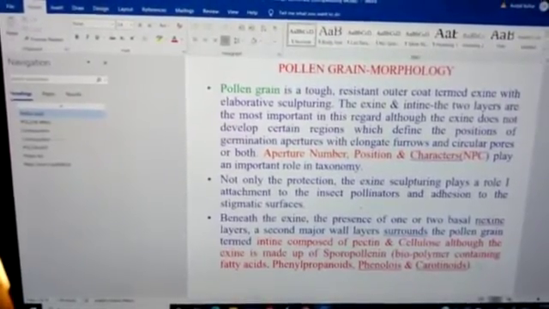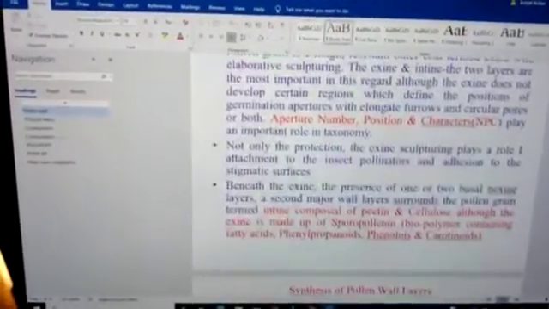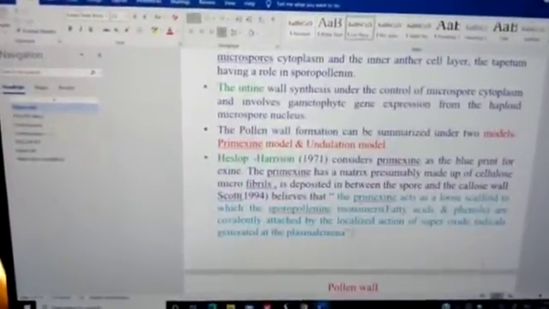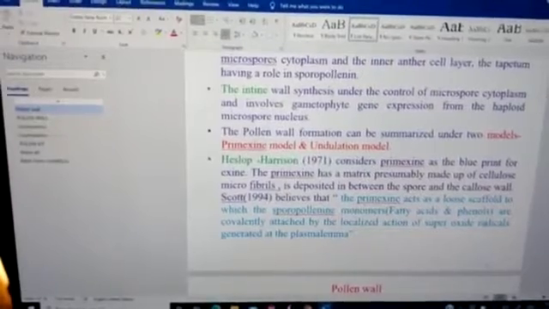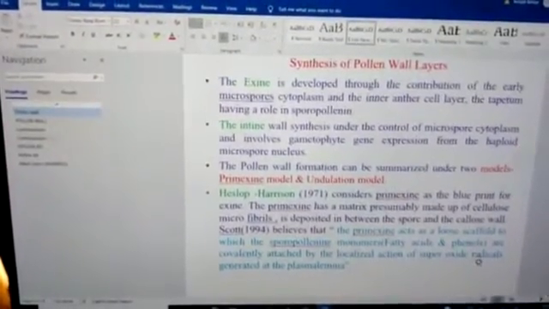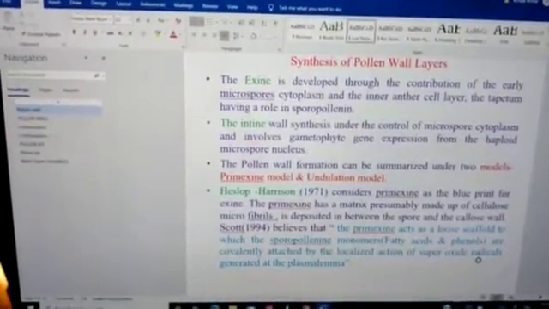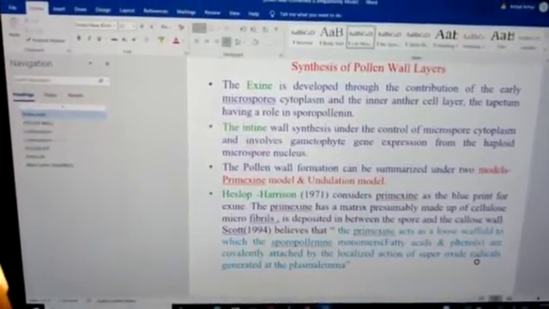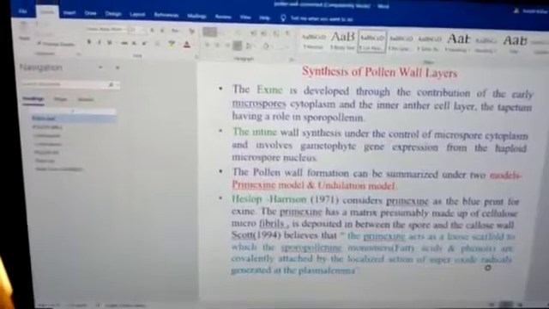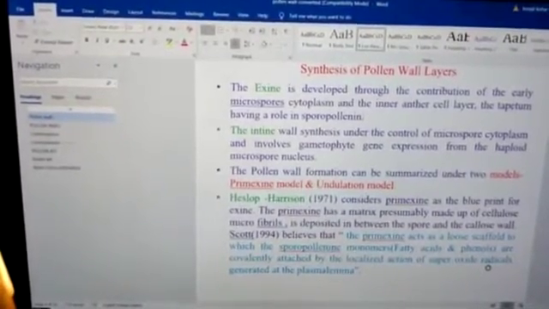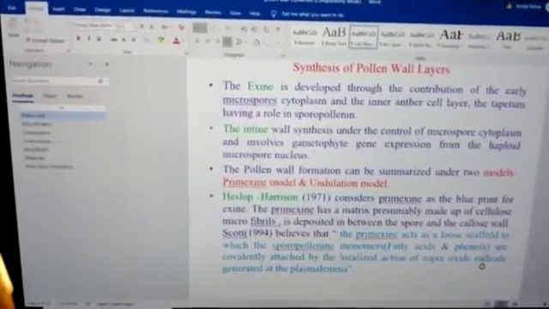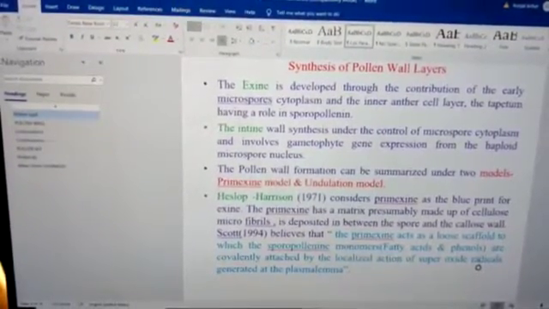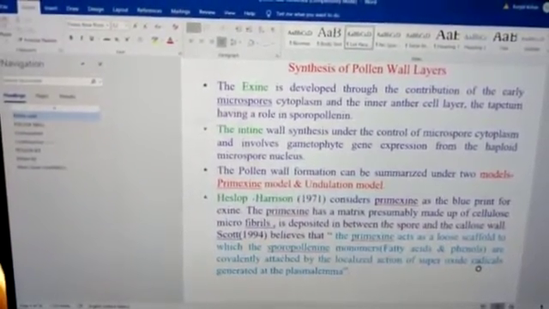So how does the synthesis of wall layers occur? The outermost is the exine. It develops by the contribution of the early microspore cytoplasm and the inner anther cell layer, the tapetum, which has a role in sporopollenin formation. So mainly it develops from the tapetum plus the cytoplasm of the developing microspores.